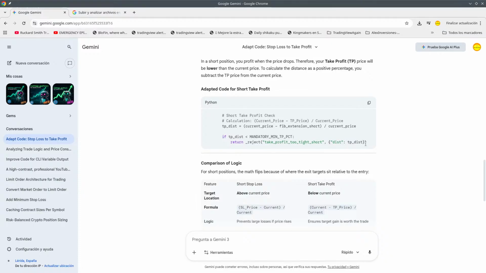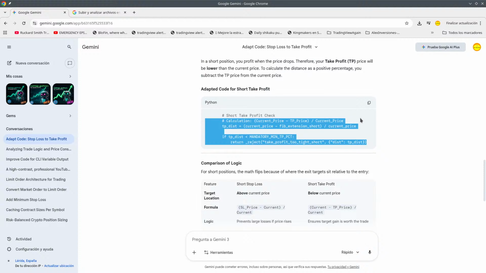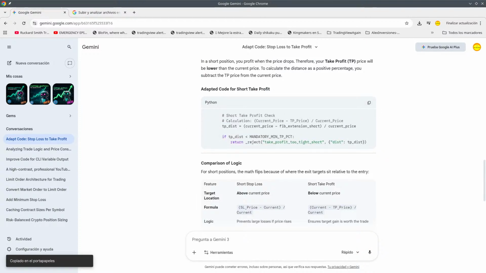Okay, so yeah, this is the other way around, so short take profit calculation here.